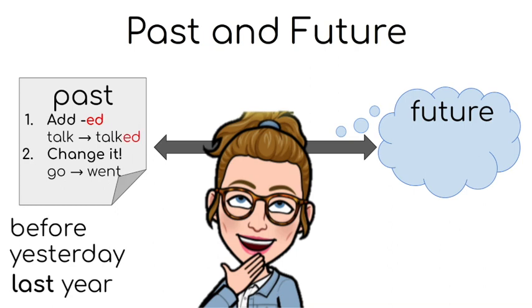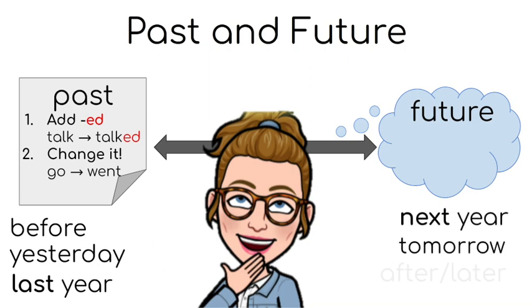The future, we know, is not for what happened last year, it's for next year, tomorrow, or after and later. We do not know what is going to happen in the future.